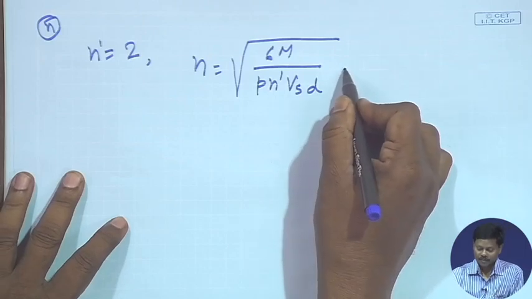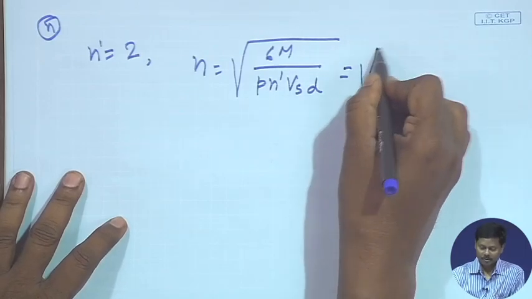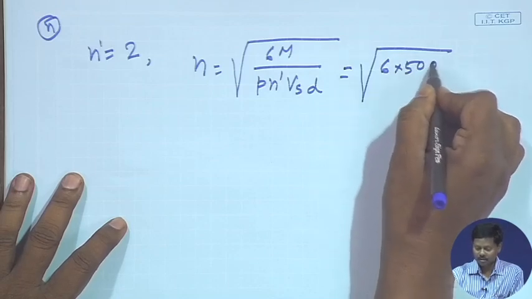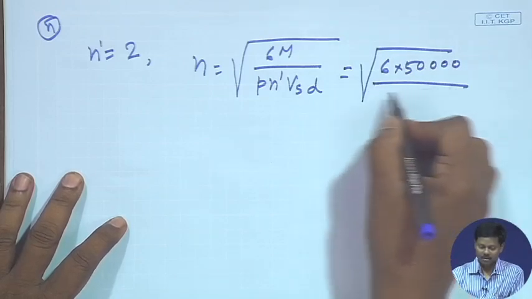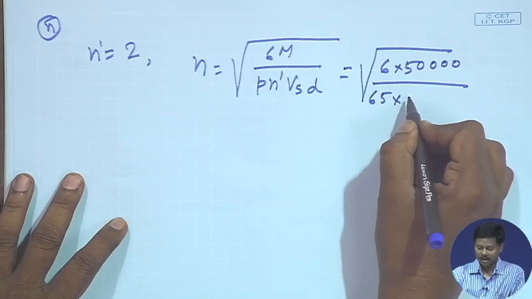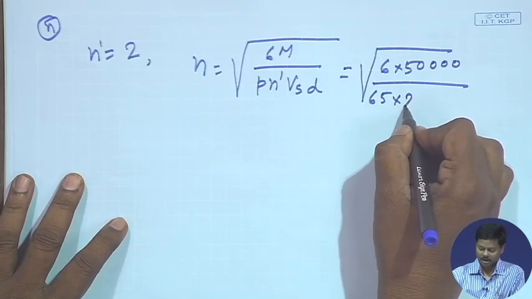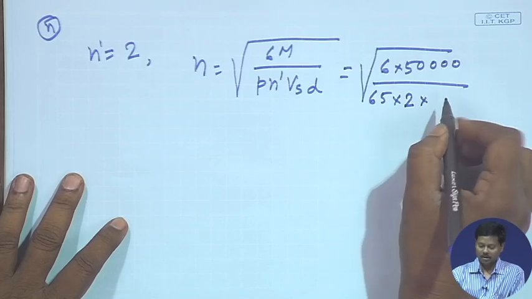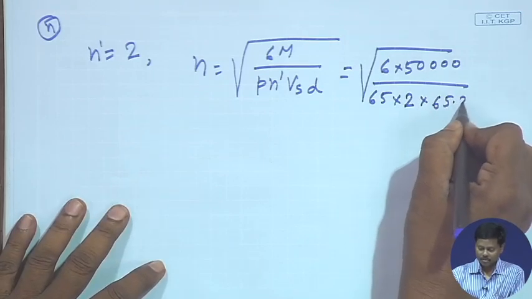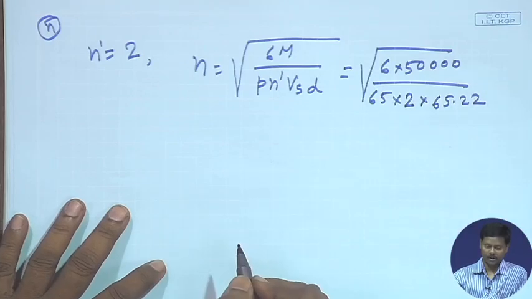So if we put this value, we can find out 6 into moment, which was 50,000 kilonewton millimeter, by P, which was 65, and n dash, number of bolt lines, has been taken as 2, and VSD was 65.22, right.